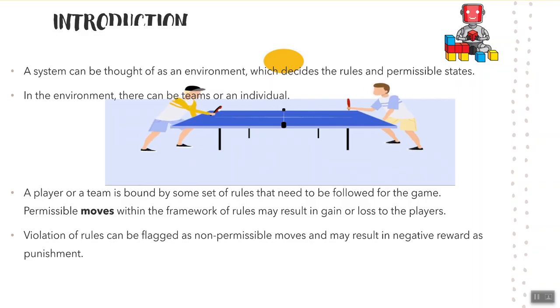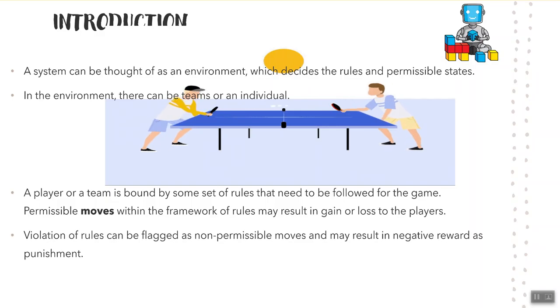So he makes permissible moves. Okay, so what are permissible moves over here? At times it can be of a few types. Permissible moves within the framework of rules may result in gain or loss to the players. Every different type of game has its own set of rules and regulations, right?